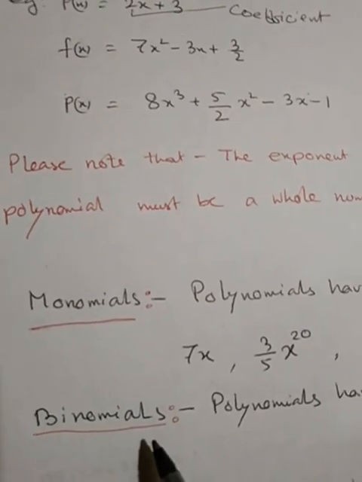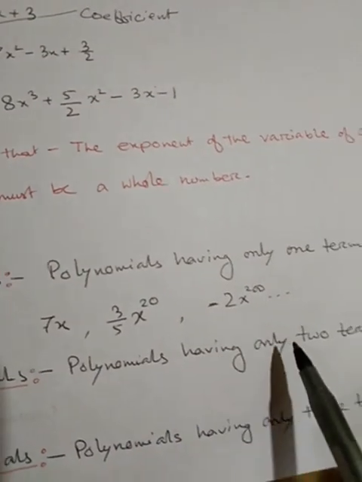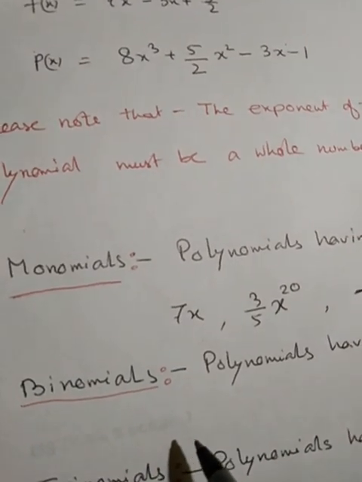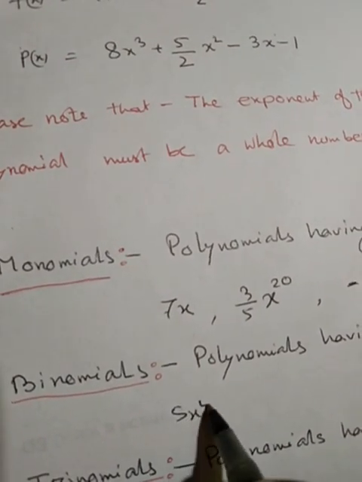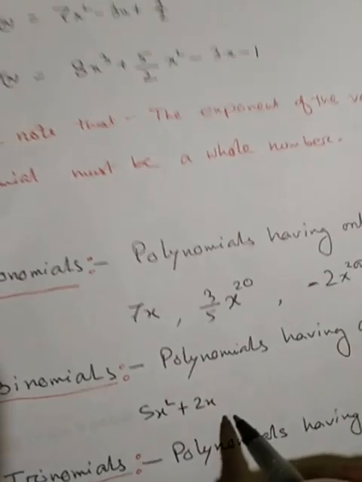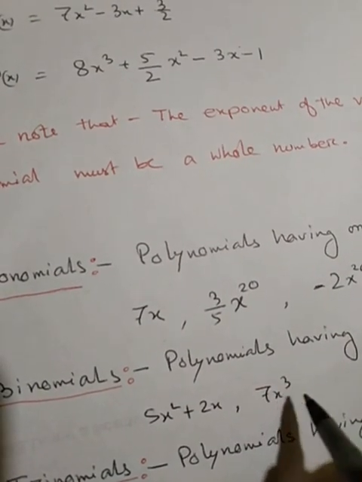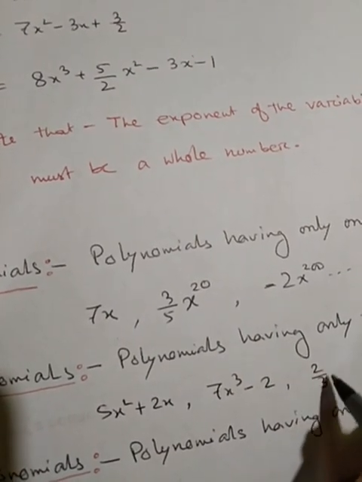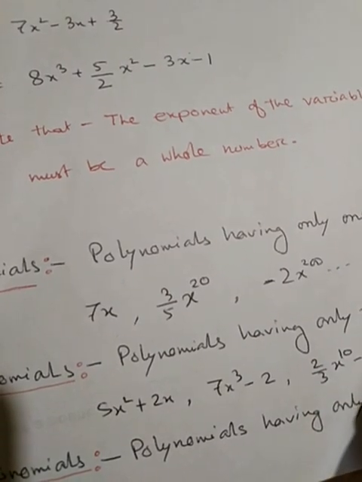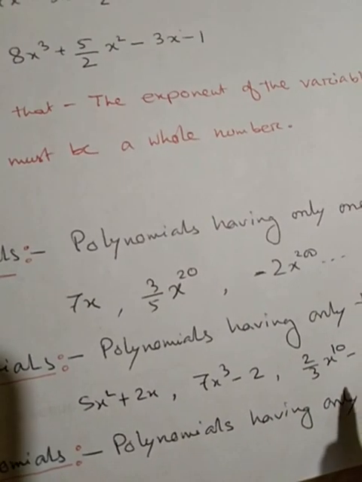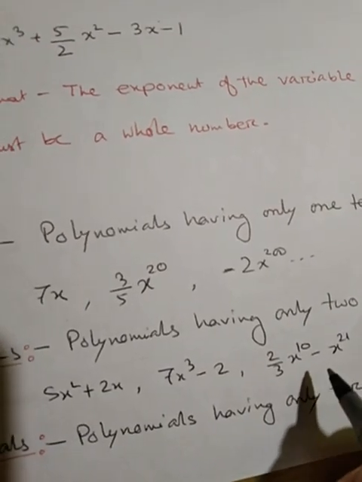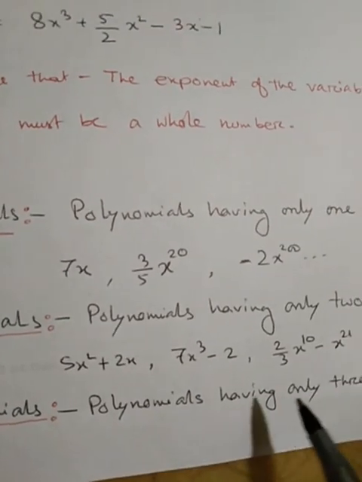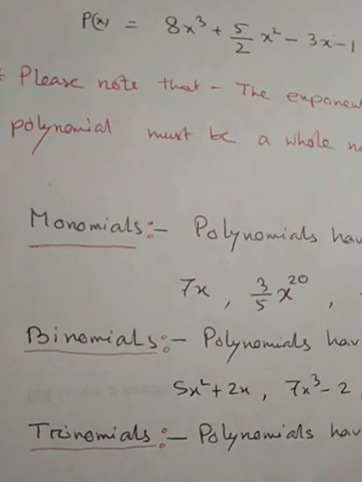Similarly, binomials are polynomials having only two terms. For example, 5x square plus 2x is one binomial. 7x cube minus 2 can be another binomial. This can also be another binomial. Now similarly trinomials: polynomials having only three terms are trinomials.